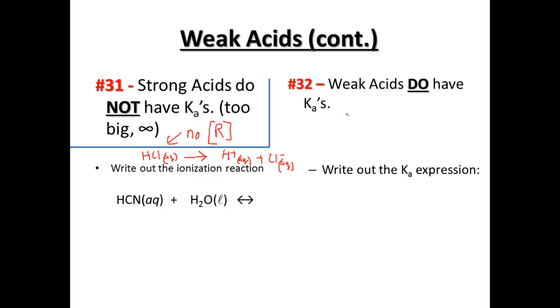Now our weak acids do have a Ka value. They have equilibrium, with reactants and products both there. So with the weak acid hydrocyanic acid, HCN, plus water, we end up producing a cyanide ion and H3O positive, or H plus would be the same idea there.